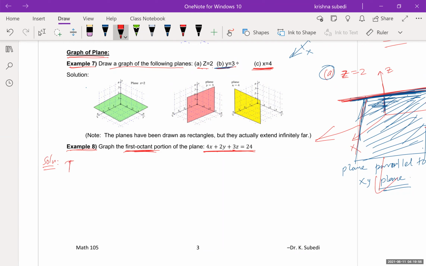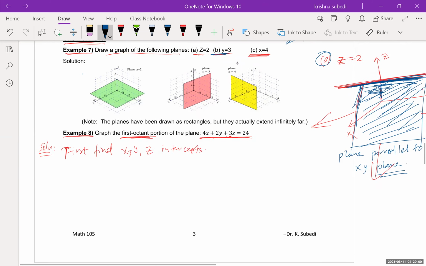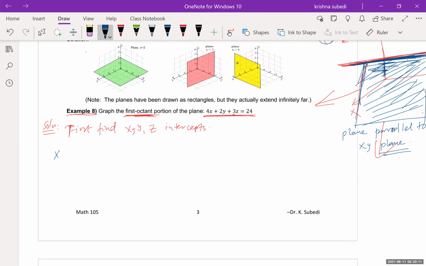For this, first find the x, y, z intercepts. How do we find the x-intercept? Any idea?